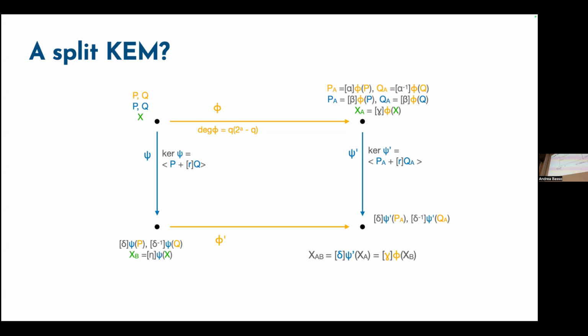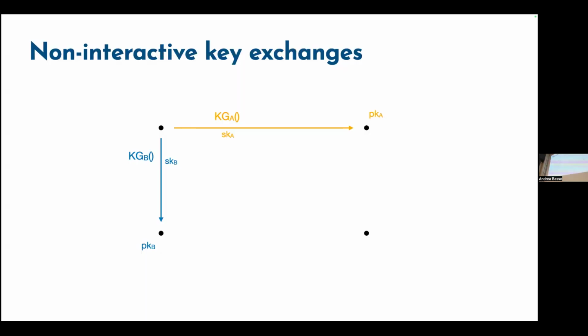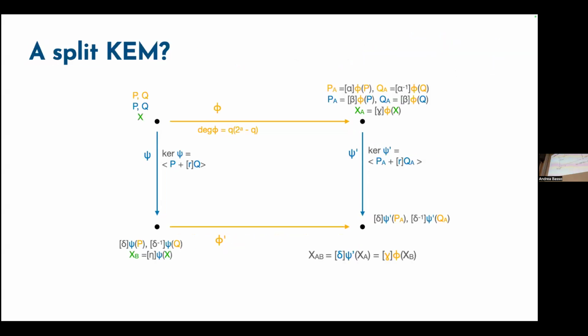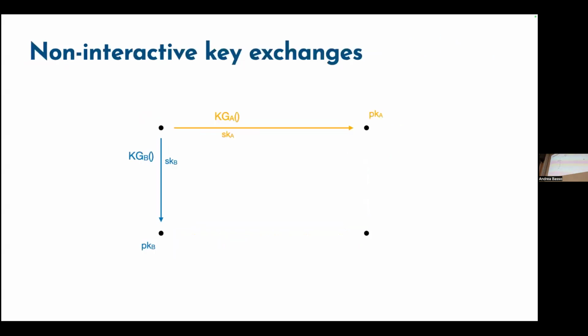So message B is the output of the vertical arrow to the right, right? Ooh, sorry, say that again. So message B is the output of the SSB. Yes, exactly. But it's also the output of SSA in your picture, right? So what's the output of SSA supposed to be?